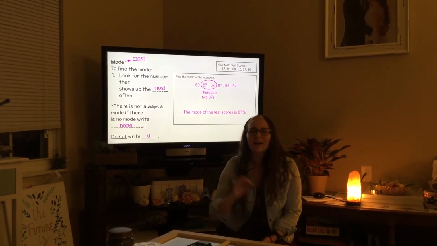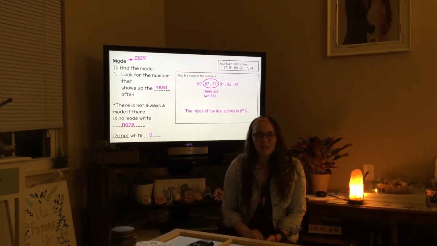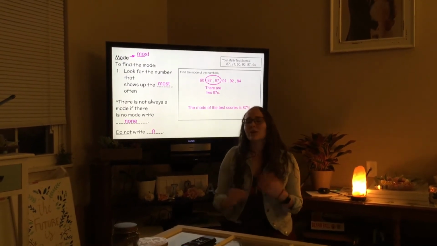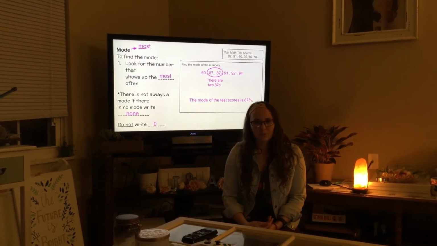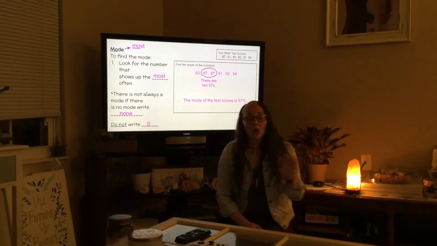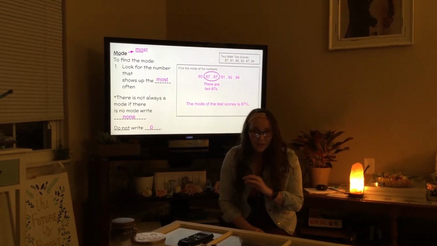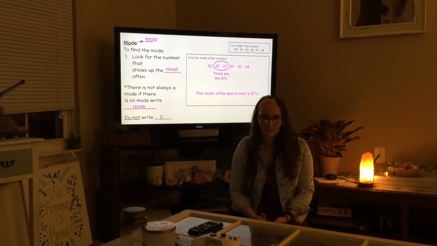You don't want to write 0 because 0 is a data point, right? 0 is a number. So if I say the mode is 0, then you're telling me that 0 occurred the most often, okay? So be careful with the number 0, but you could write no mode or none if all of the data points occur the same amount of times, okay?